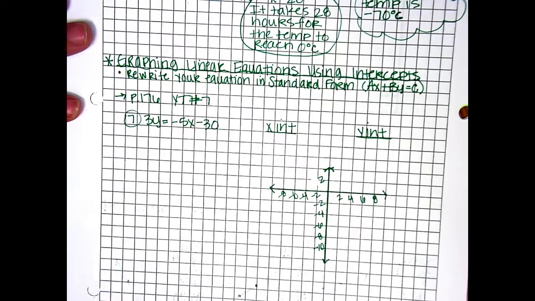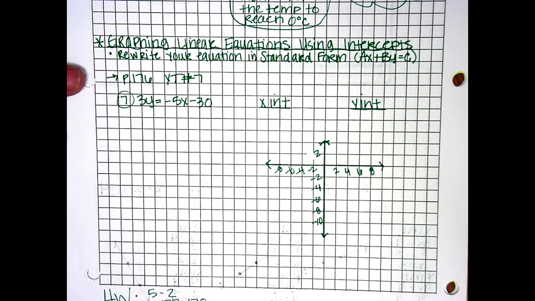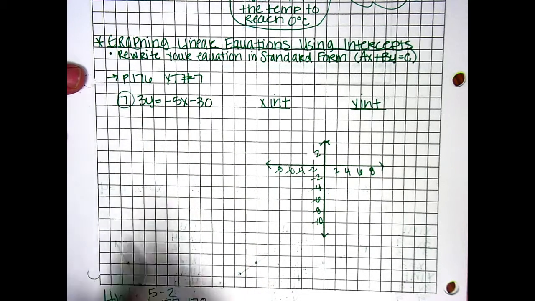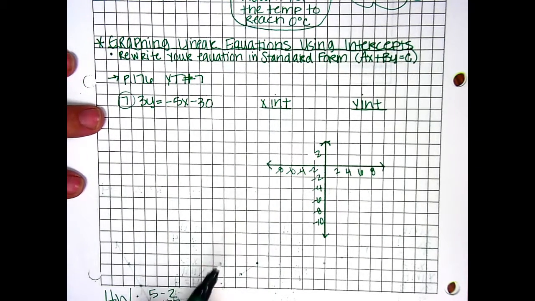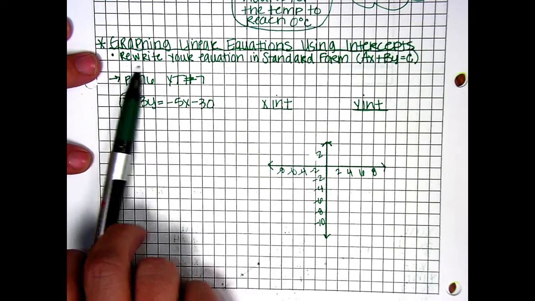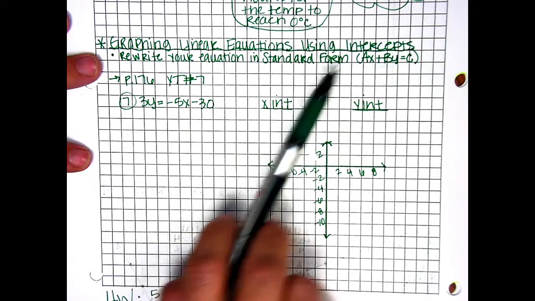Graphing linear equations using intercepts. The problem can be found on page 176. It's your turn number 7. It just says, here's the equation, graph using intercepts. The easiest way to do this is to rewrite your equation in standard form. We learned that yesterday.